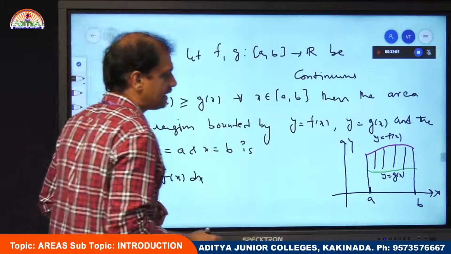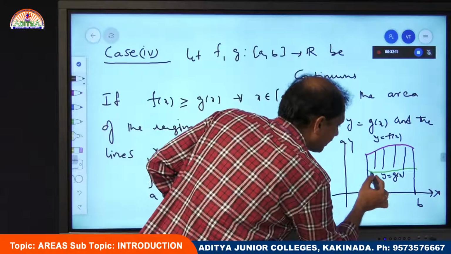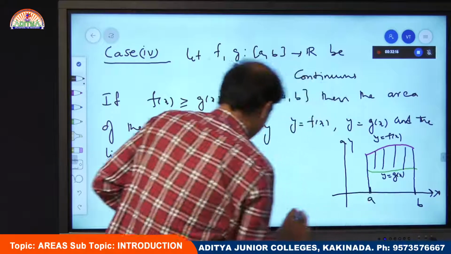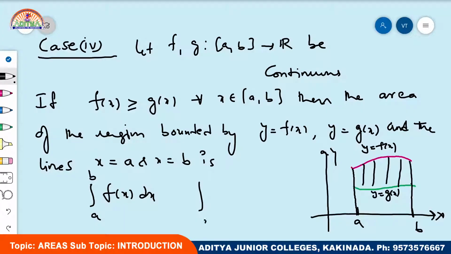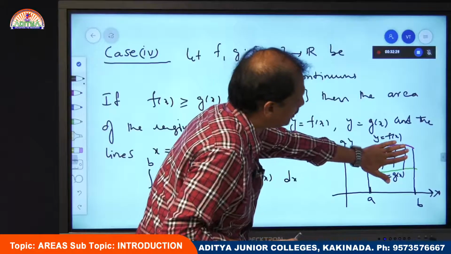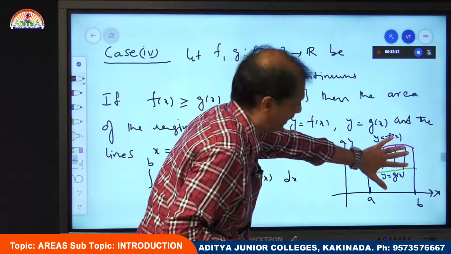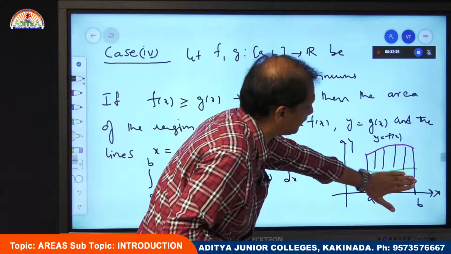Now, what is the area of the region bounded by y equal to g of x, x equal to a, x equal to b, and the x-axis? It is integral a to b g of x dx. That means along the x-axis you take dx, and here you write y, that means g of x. Now, to obtain this area, you have to take the total area under y equal to f of x minus the total area under y equal to g of x.